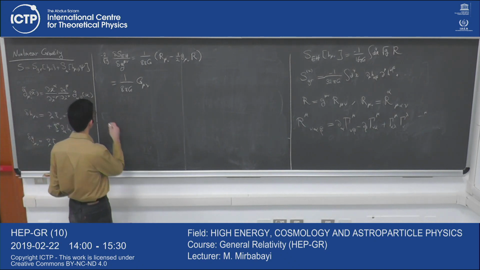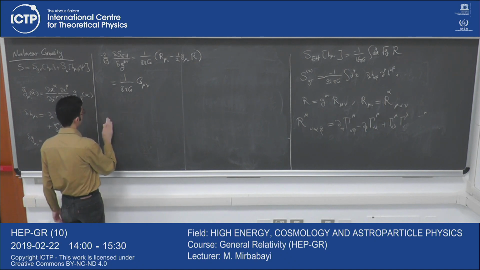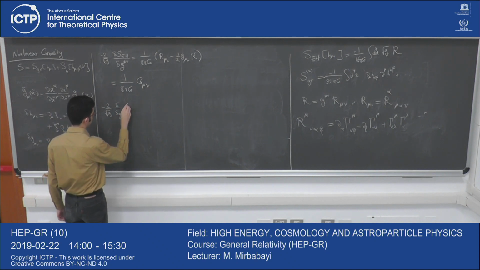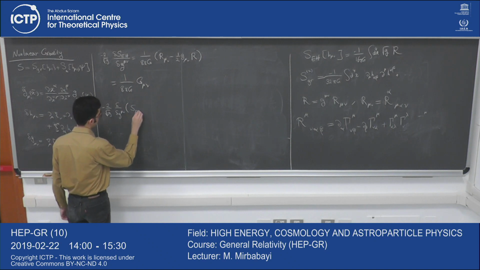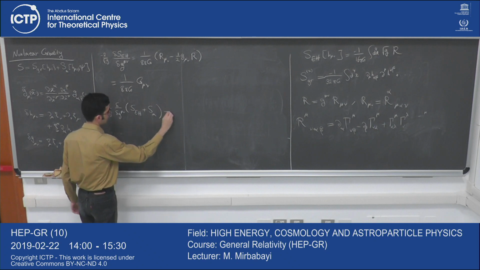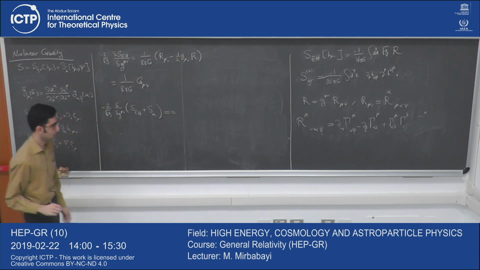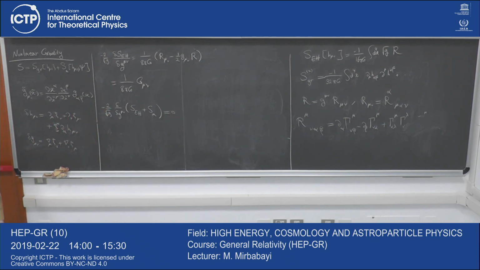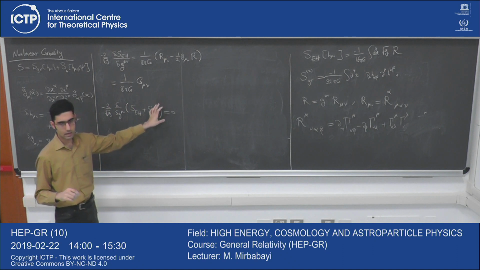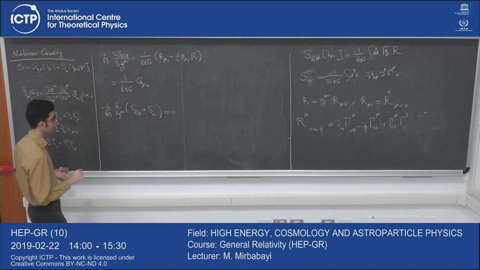Right? So if we do the full variation, the Einstein-Hilbert plus matter, then this has to be equal to 0. This is the way we derive the equation of motion. We ask the variation of the action to vanish.